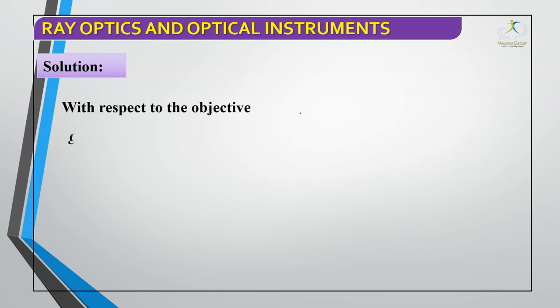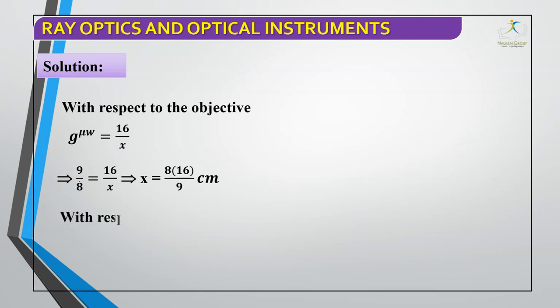With respect to the objective, g mu w, so that means glass to water. This is the representation whenever we are taking the relative terms with the refractive index, which is n2 by n1. So n2 is given 16 and n1 we have to calculate. Again, if we do change, so 9 by 8 is equals to 16 by x.